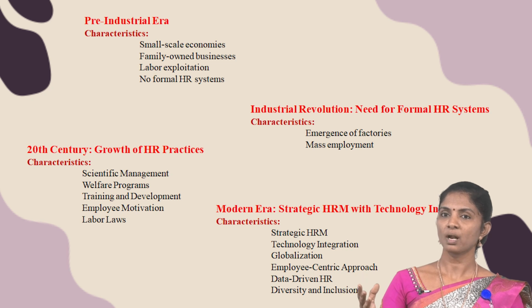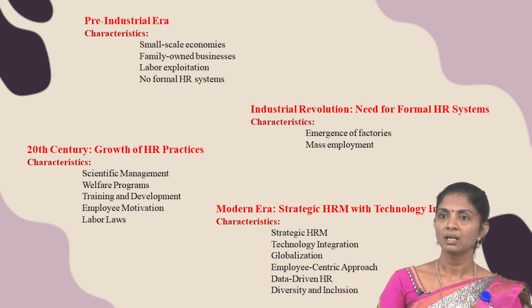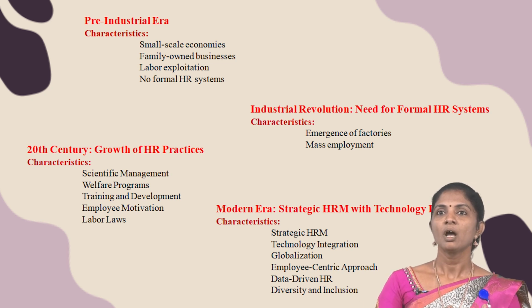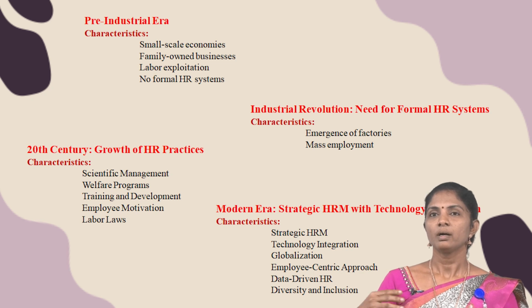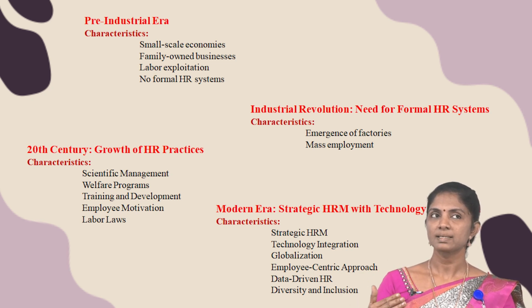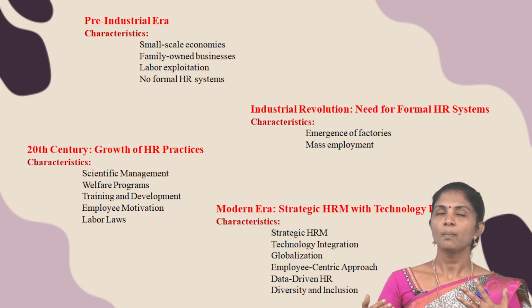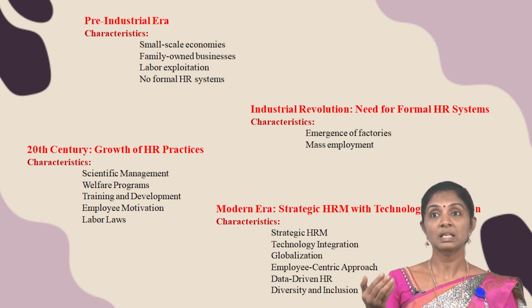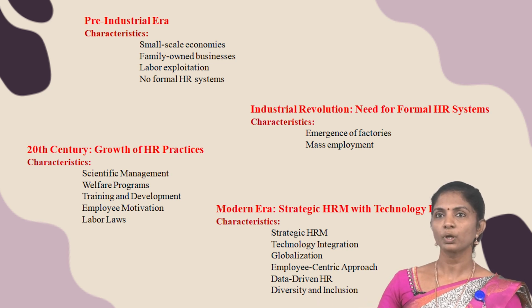It introduced a number of welfare programs such as healthcare, safety measures, and improved working conditions to retain the employees. It also gave a number of trainings and development opportunities. As industrial processes became more complex, companies invested in skill development through on-the-job training programs.